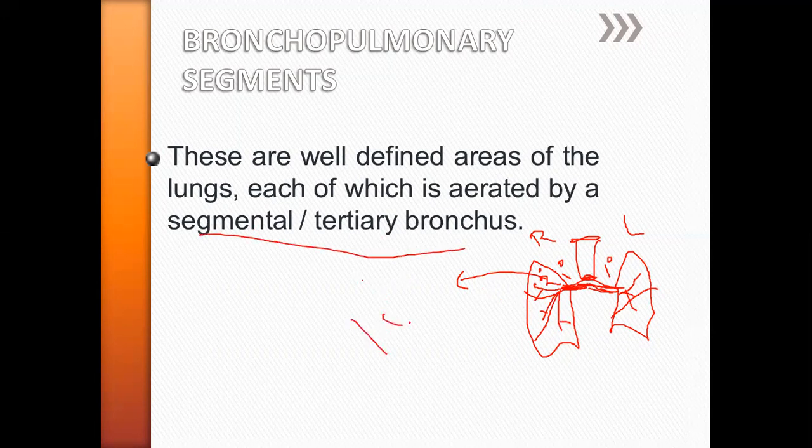So for 10 segments, this segmental bronchus will be going. Clear till now? Once it is divided into segmental or tertiary, that segmental bronchus will again be divided into small tiny branches. That is called terminal bronchioles.